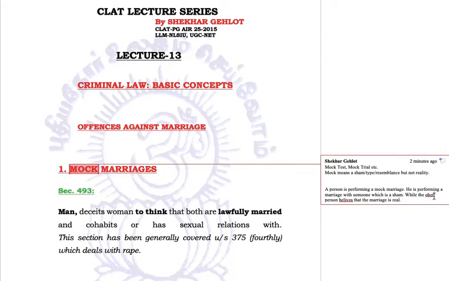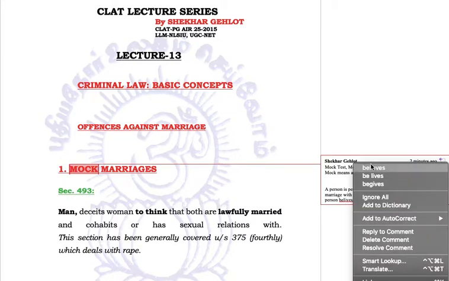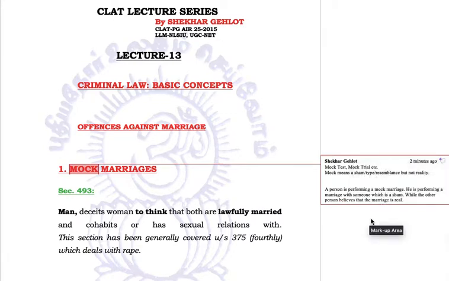One of them knows that I am conducting a mock marriage, a sham marriage. So what will happen in such a case, and why would someone contract a mock marriage?